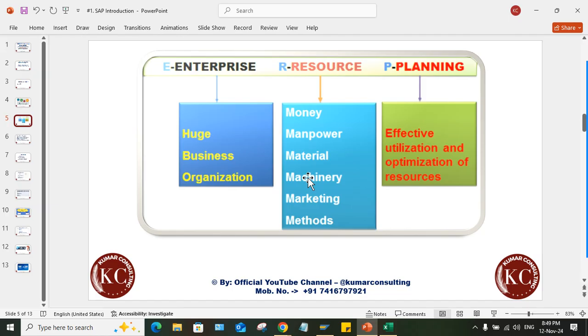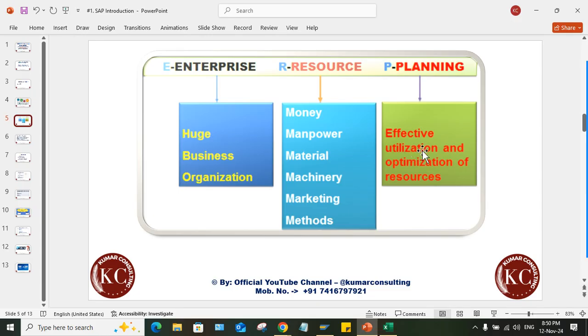Now, Tata Motors is a manufacturing organization. Of course, machineries are also required in order to manufacture a particular end product, and materials are also required, raw materials, right? So these are the required elements. So, enterprise, resource, and planning. Planning about what? Planning about the effective utilization and optimization of resources, or we can say optimum utilization of resources.